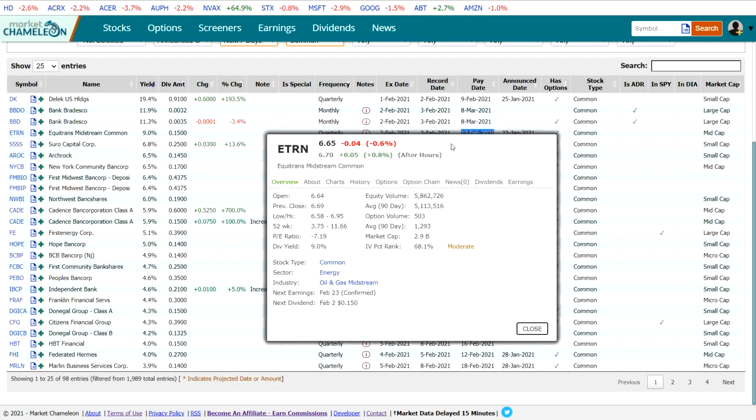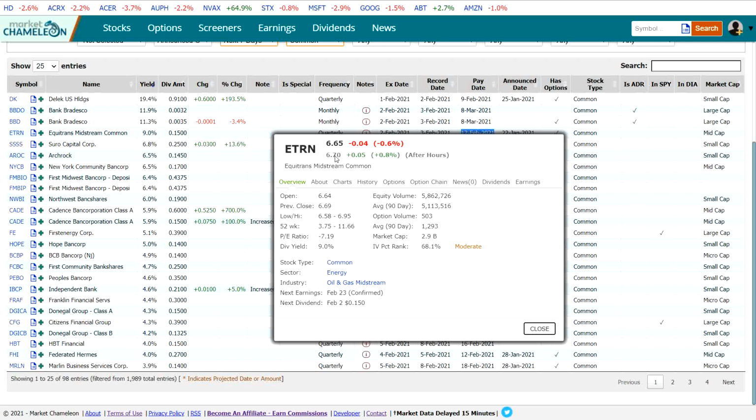I like small numbers. Small numbers make me feel that I can buy a lot more and get paid a lot more dividends. So the price they closed at is 6.65. Equitrans Midstream common, okay. 52-week range 3.75 to 11. Dividend yield, look at this, 9%. Have you ever heard about this stock? I've never.